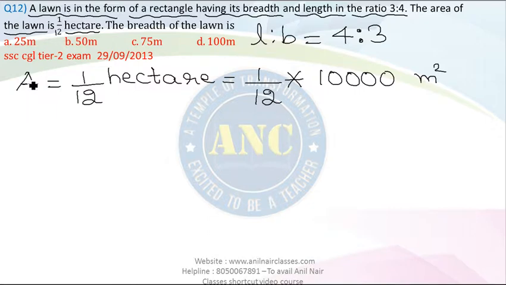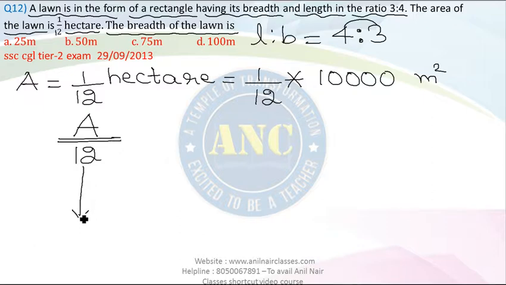Now, what is the question? Find the breadth of the lawn. Simple, sir. According to the ratio, area is 4 into 3, 12. According to the question, it is 10,000 divided by 12. That means 12 should become 10,000 divided by 12.